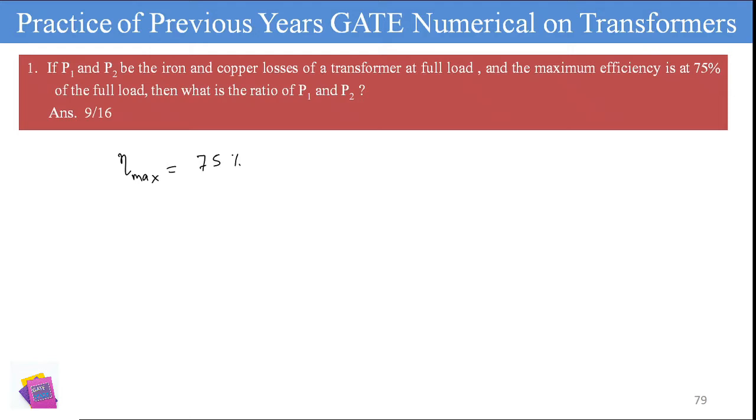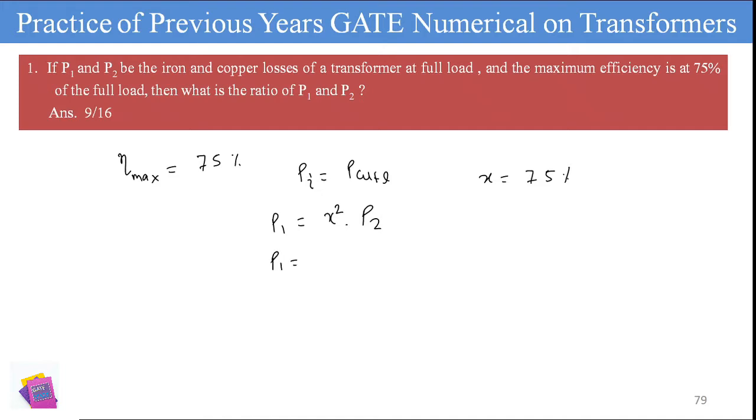So, you know the condition for maximum efficiency. The maximum efficiency condition is when the iron loss is equal to the copper loss. So iron loss P1 equals x square into full load copper loss P2. You know what is the value of x? x is the percentage of load and it is 75%, it is given to you.